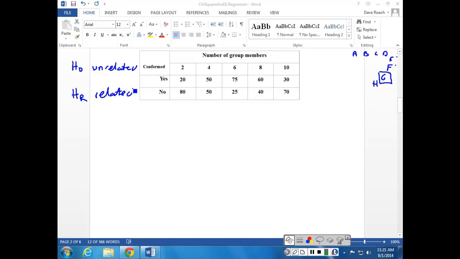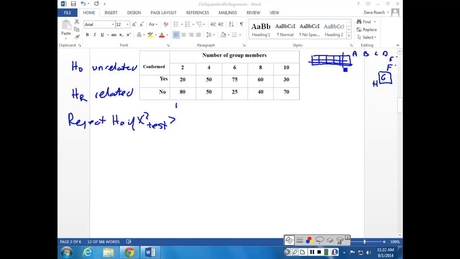Let me go one step back first. I'm going to reject H0 if the chi-square test is greater than some value. If I blot out one column and one row of this, I've got 5 columns and 2 rows, so 4 numbers are free to vary.